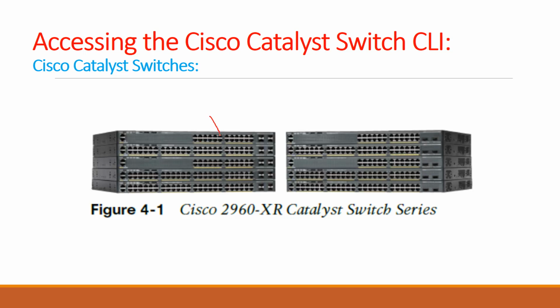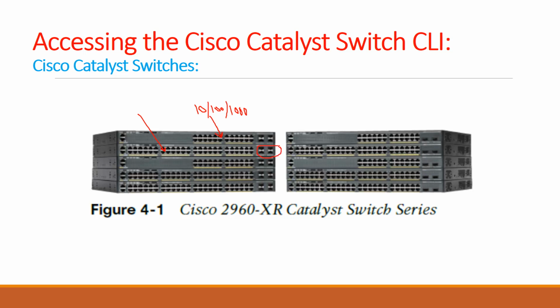For example, here, this switch has 24 Ethernet UTP ports that work at 10, 100, and 1000 megabits per second. The other switch has 48 ports with 4 uplink ports.